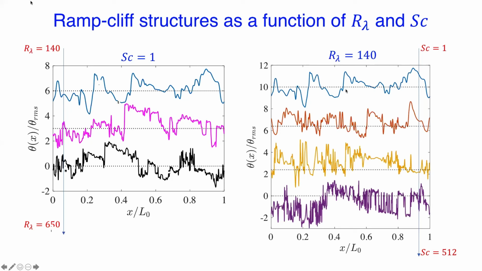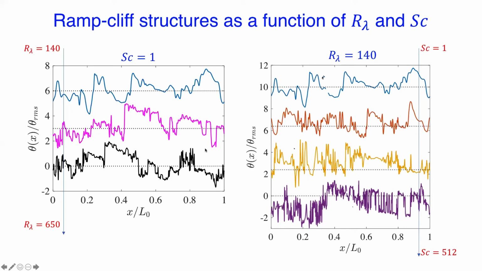In contrast, if I fix the Reynolds number and increase the Schmidt number, in this right frame, it goes from 1 to 512. What we see is that the ramp-cliff structures are increasingly overwhelmed by the small scale motion. In the background, there is some semblance of a ramp-cliff structure, for example at the highest Schmidt number of 512, but it's completely dominated by the small scale motion.